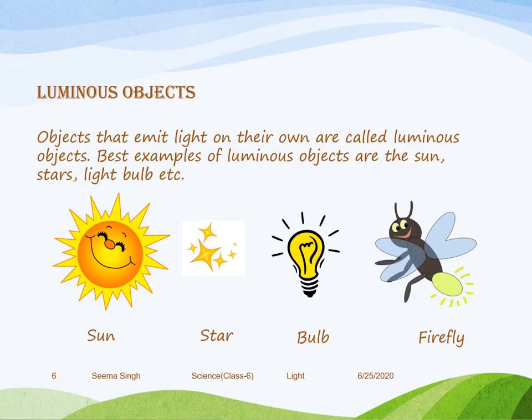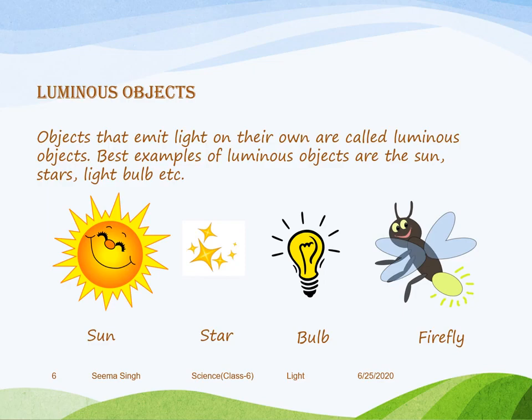Coming to the next part of this light section, that is luminous objects. What are luminous objects? Let's try to understand this. Luminous objects are the objects that emit light on their own. The various examples: sun, star, light, bulb.